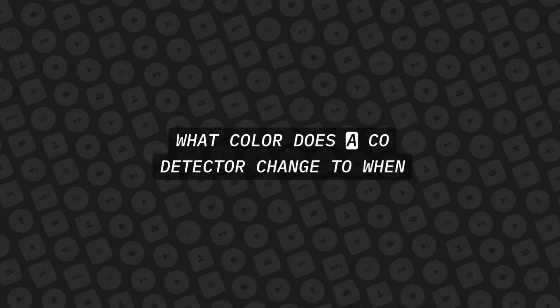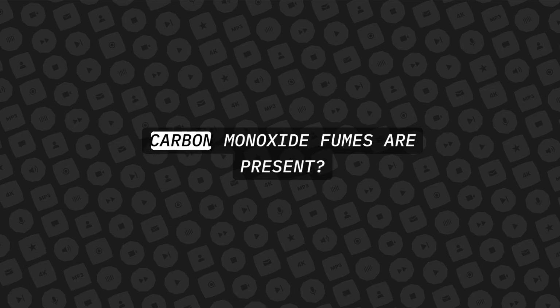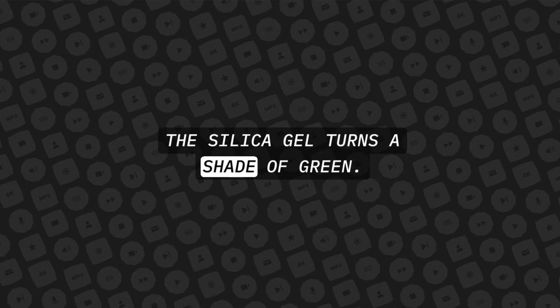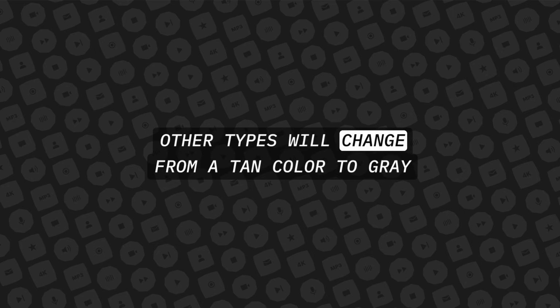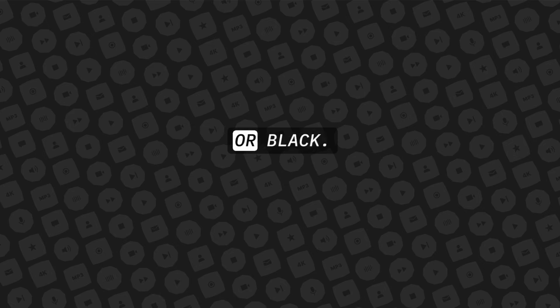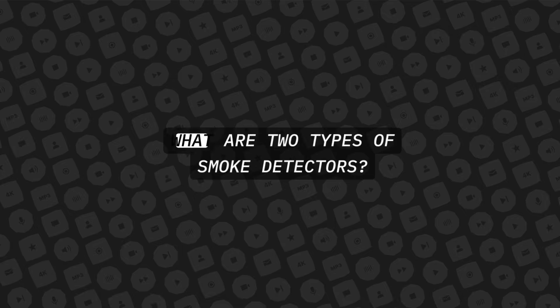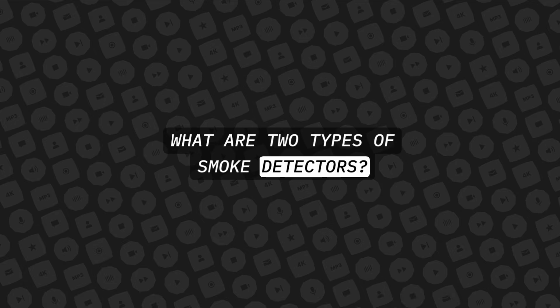What color does a CO detector change to when carbon monoxide fumes are present? The silica gel turns a shade of green. Other types will change from a tan color to gray or black. What are two types of smoke detectors?